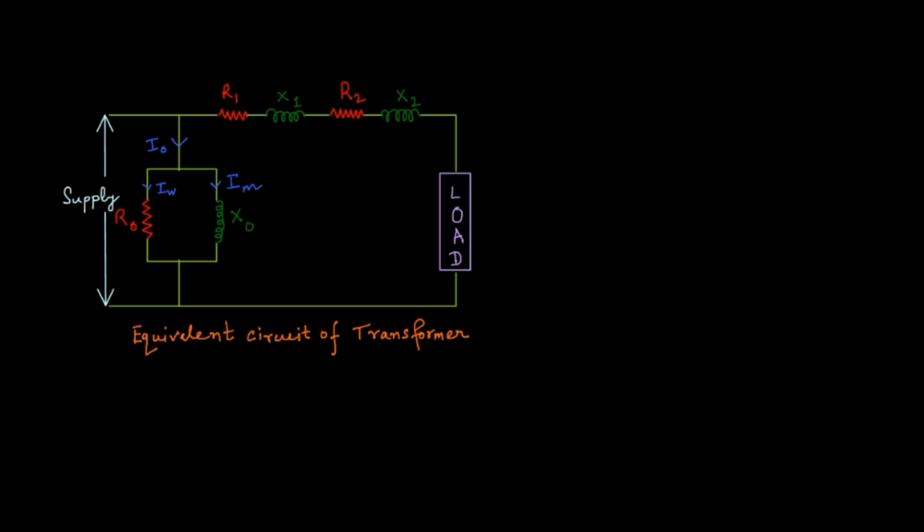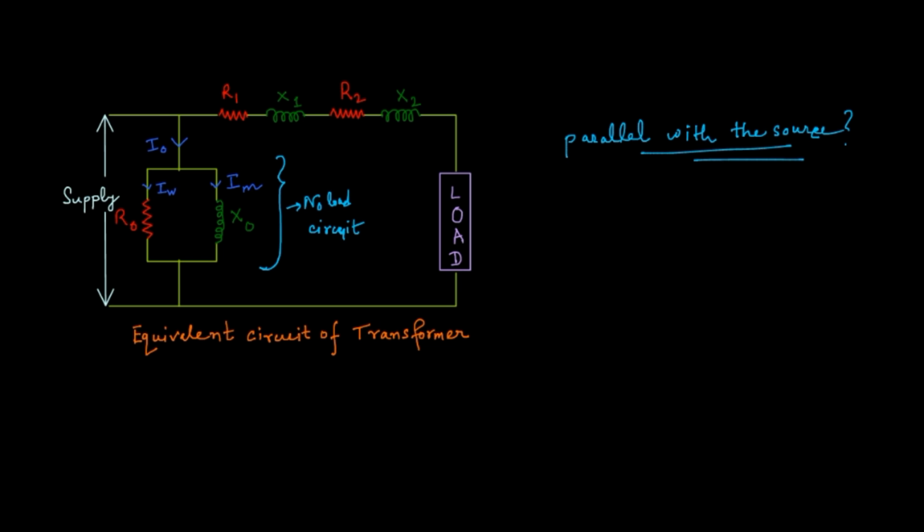In this lecture, we are going to understand why the no-load circuit is in parallel with the source. What is the reason that whenever we draw an equivalent circuit of a transformer, this particular no-load circuit is always in parallel with the source?